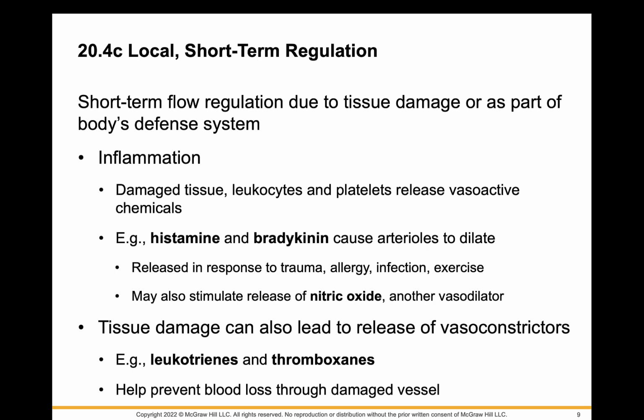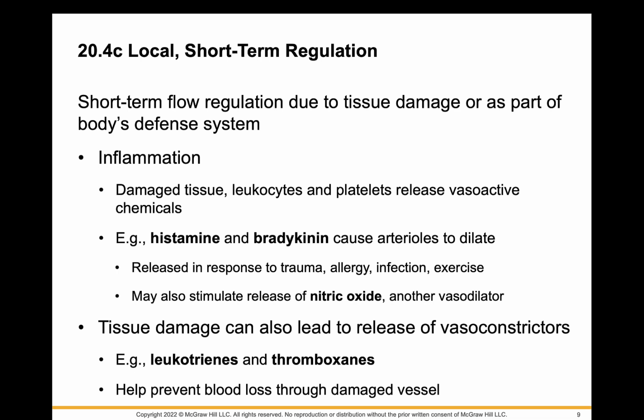We also will see histamine changing capillary permeability. So keep in mind, these are substances that are going to be released in response to trauma. It could be exercise. It could be an infection. It could be an allergic response. Another thing that might also be released is nitric oxide, and this is a rather potent vasodilator.